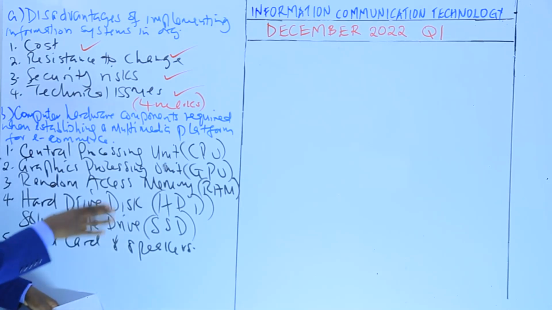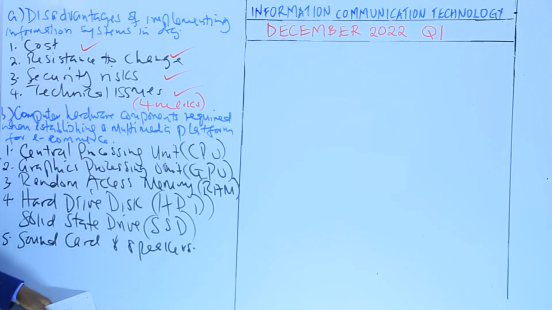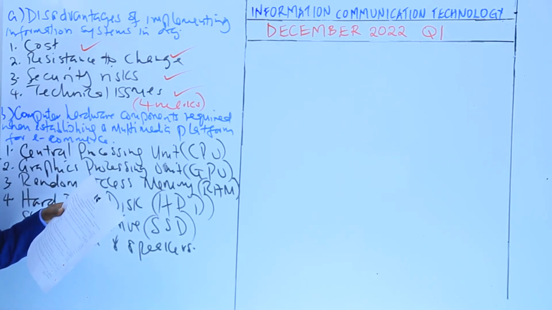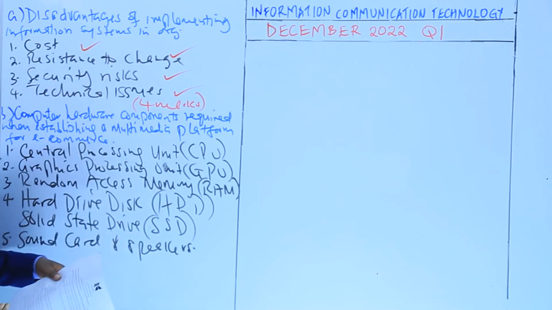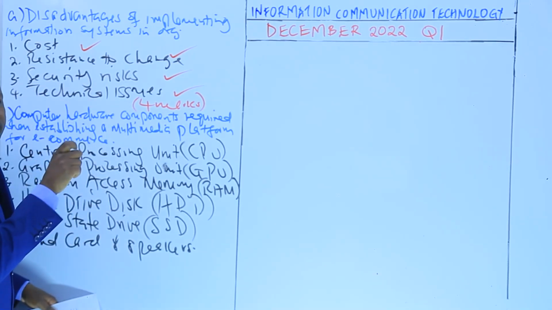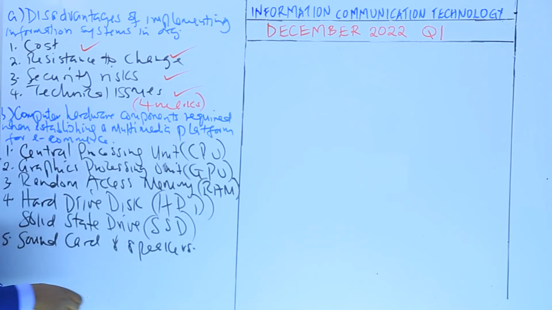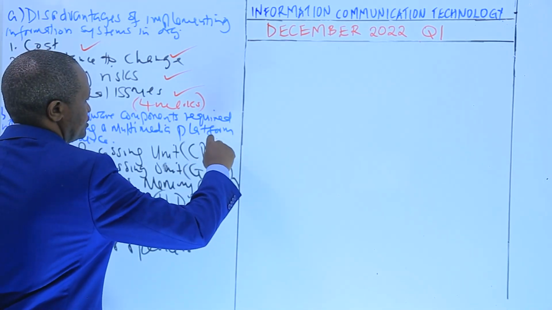So these components work together to support multimedia content creation, storage, processing, and presentation in an e-commerce environment. Number one, central processing unit.